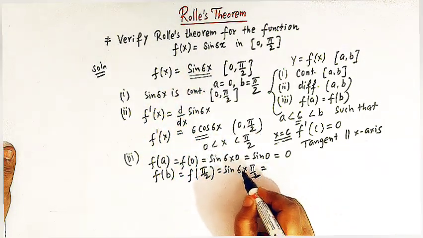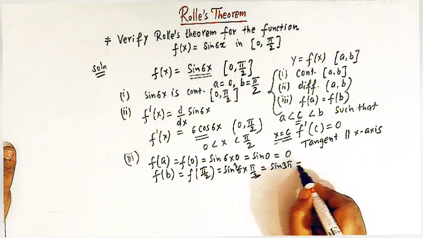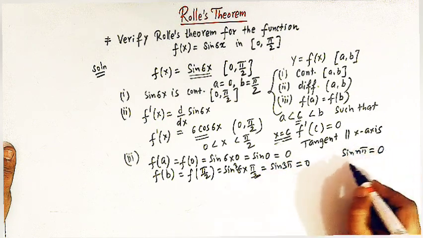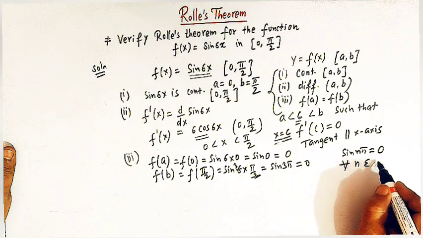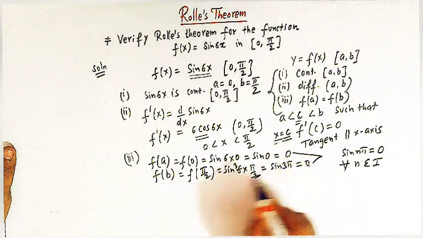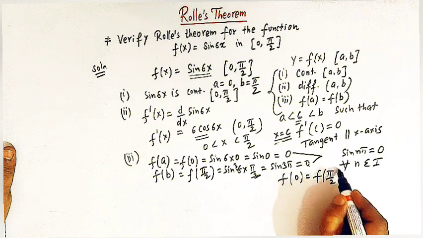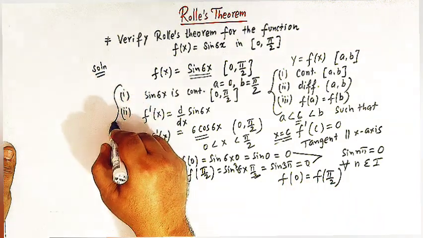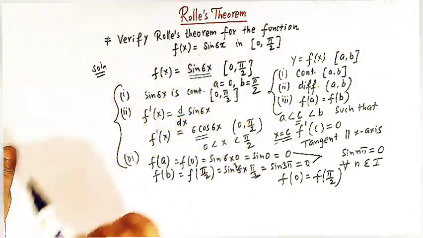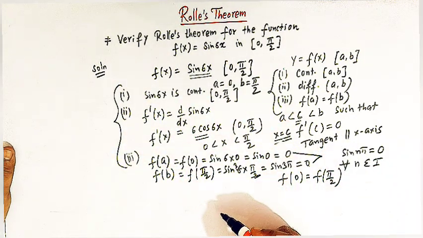So this is 2 times 3, so this is sine 3 pi, and sine 3 pi is 0 because sine n pi is equal to 0 for all n belonging to the set of integers. So we can see that these two values are same, that is f of 0 is equal to f of pi by 2. So from this discussion we can conclude that this function f of x is equal to sine 6x satisfies all the conditions of Rolle's theorem.